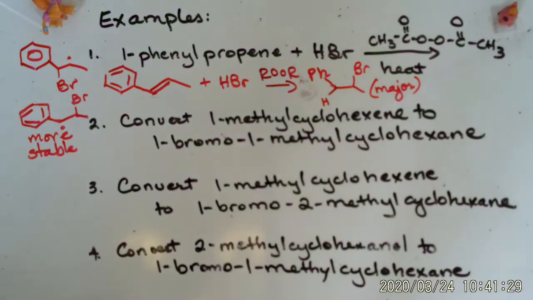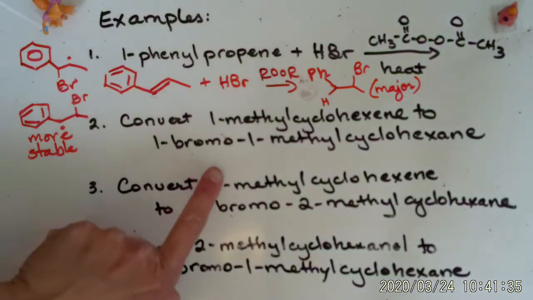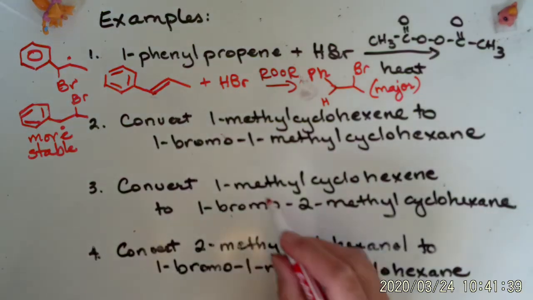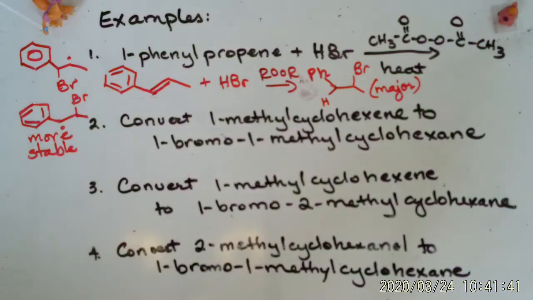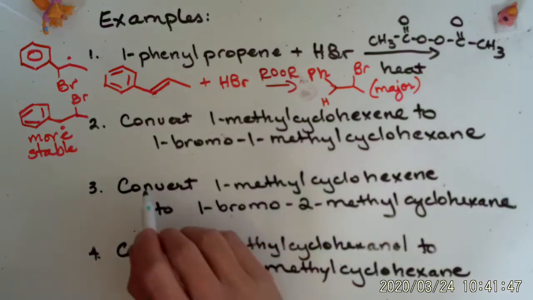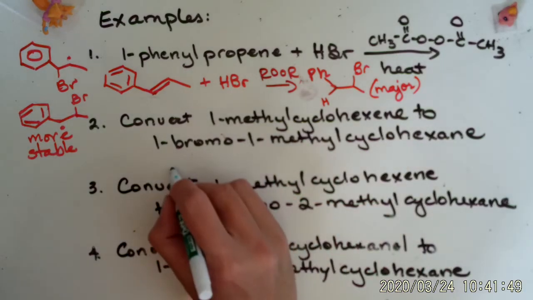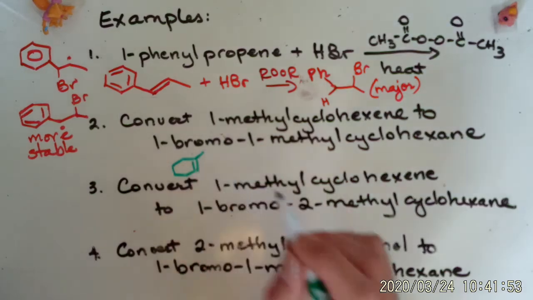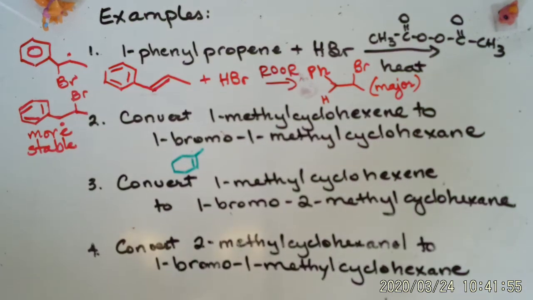Okay, so let's take a look at the second one. Convert 1-methylcyclohexene to 1-bromo-1-methylcyclohexane. So let me just squeeze in here. 1-methylcyclohexene. So here is my cyclohexene. 1-methylcyclohexene.